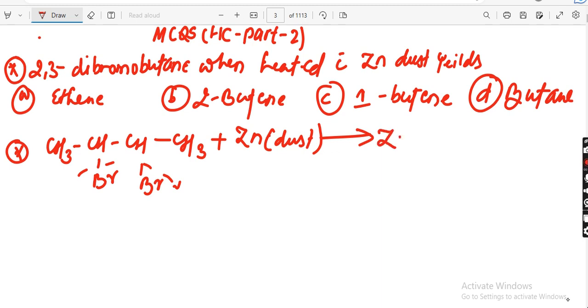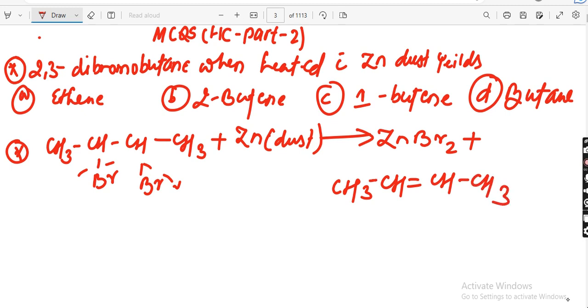So this will give you ZnBr2, and now there will be the formation of a double bond. So this is your 2-butene, right? So B is the right answer.